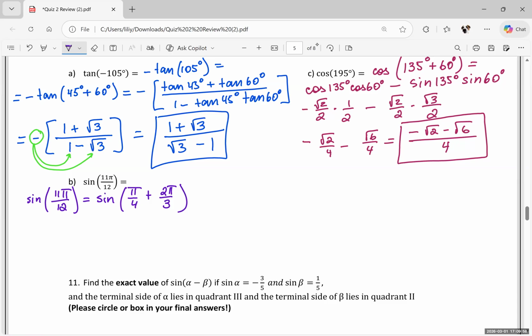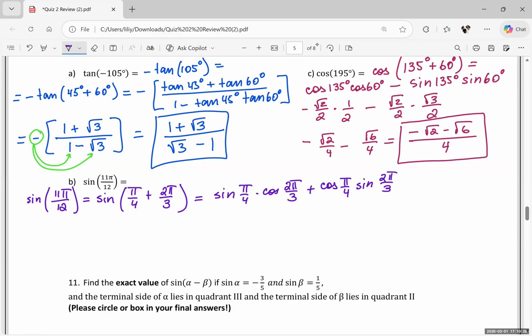And then open it up according to the sum formula for sines. So that is sine of pi over 4 times cosine of 2 pi over 3 plus cosine of pi over 4 sine of 2 pi over 3.